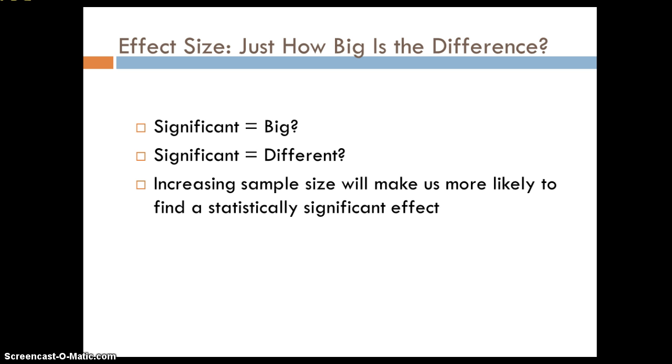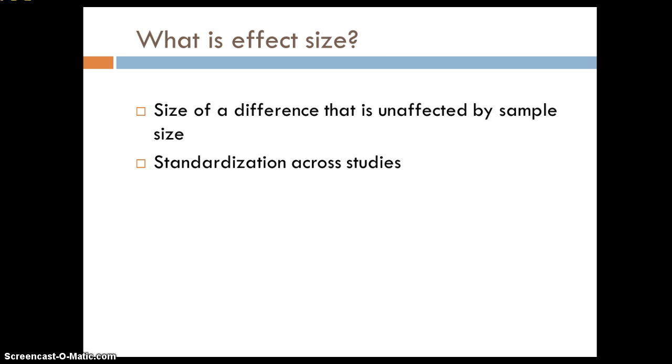Well, probably not. And so we'd probably need a sample size of 10,000 or 50,000 people. But that means we can detect really small differences. So it doesn't mean that that difference is a very large difference in terms of magnitude.